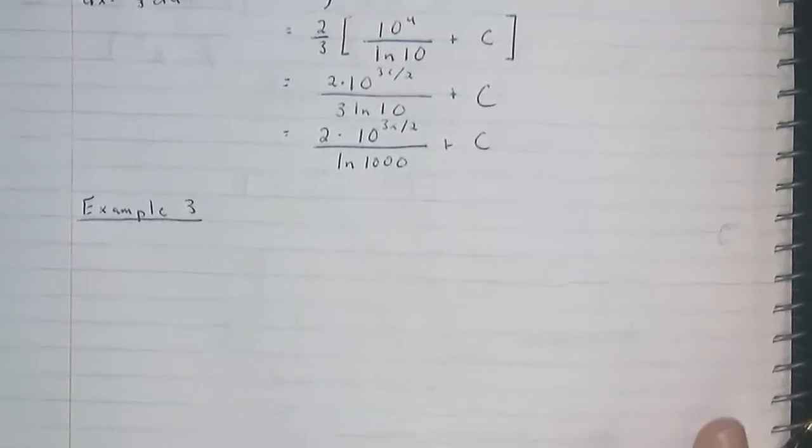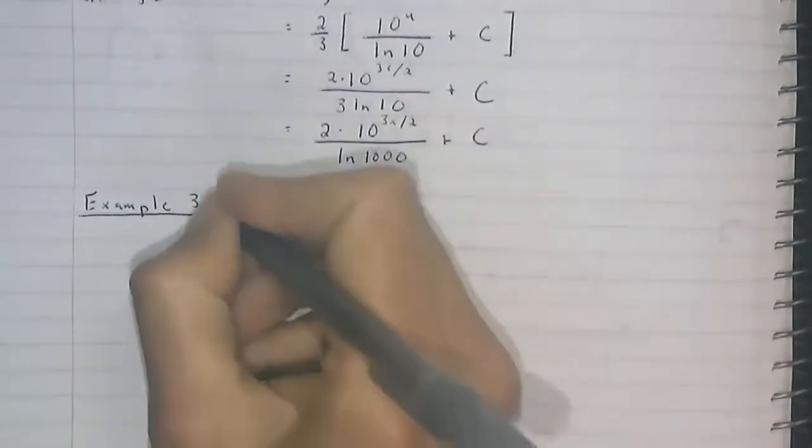Okay, so example 3 says sketch the graphs of y equals 2 to the x and y equals 2 to the negative x. And then find the exact area of the region bounded by these two graphs and the line x equals 2. That sounds hard. Let's do it.